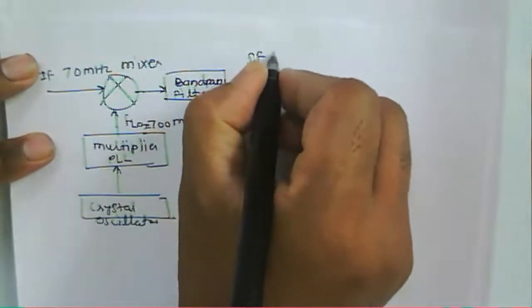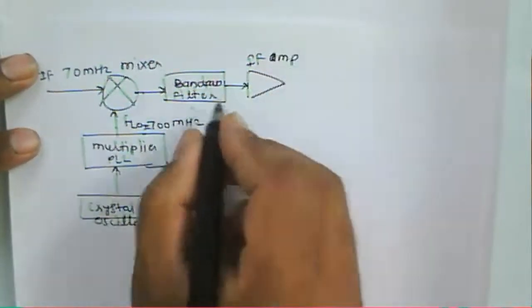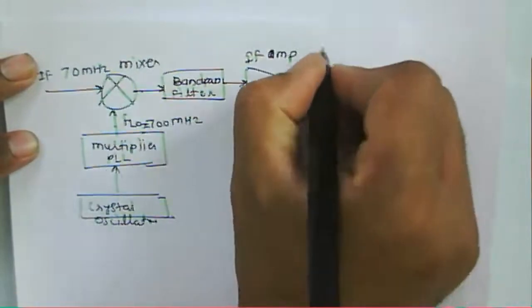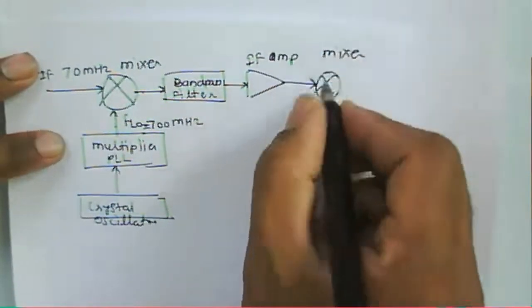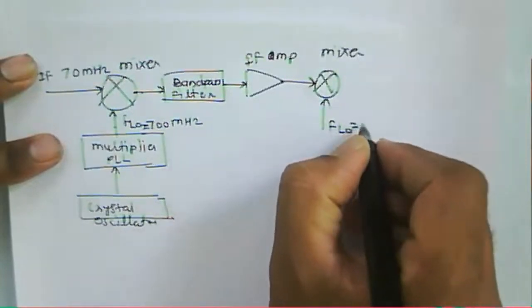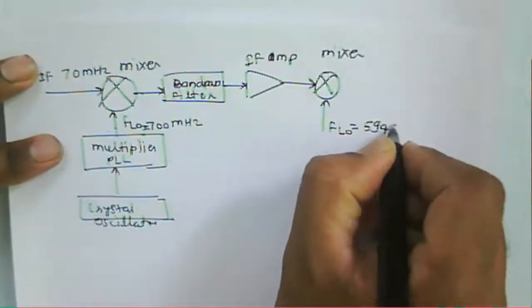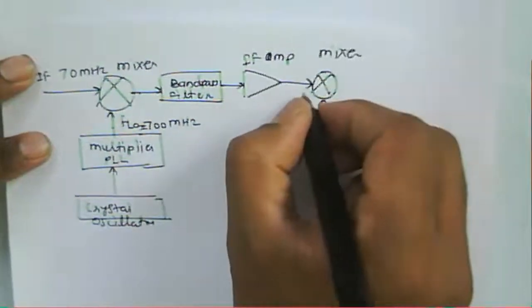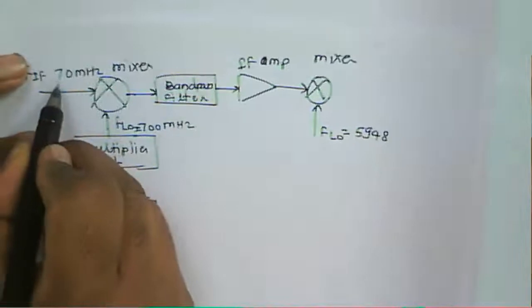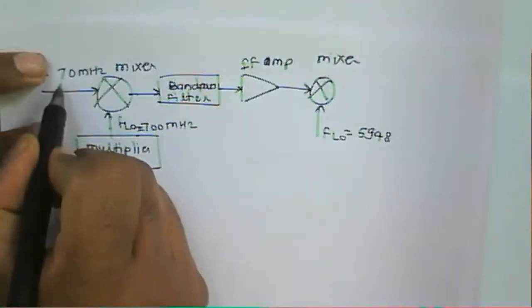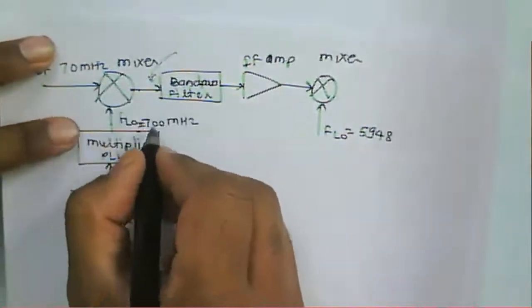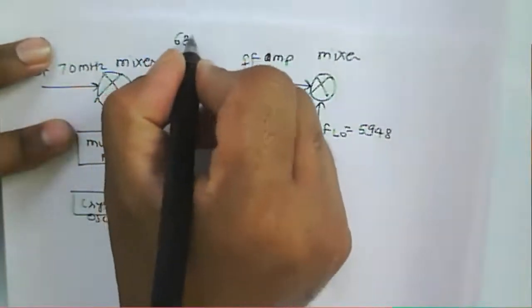This one is about your amplifier, and then again we use a mixer, and then we have the FLO, that is 5948. 5948 plus 700 plus 70 and 700 minus 70. So two outputs. So in that case, we consider 700 minus 70 means what?